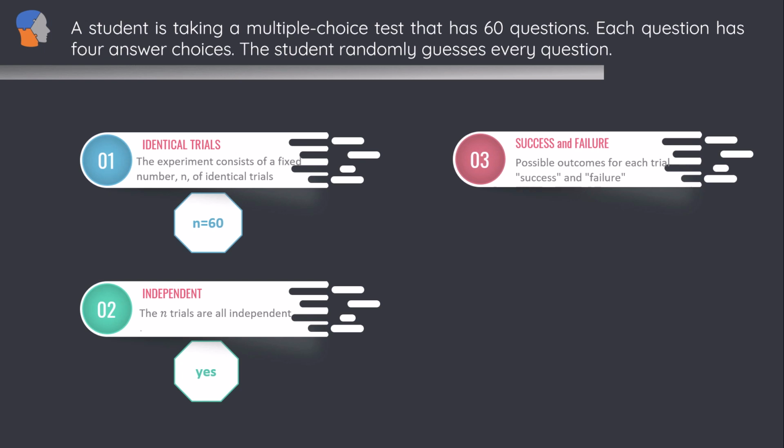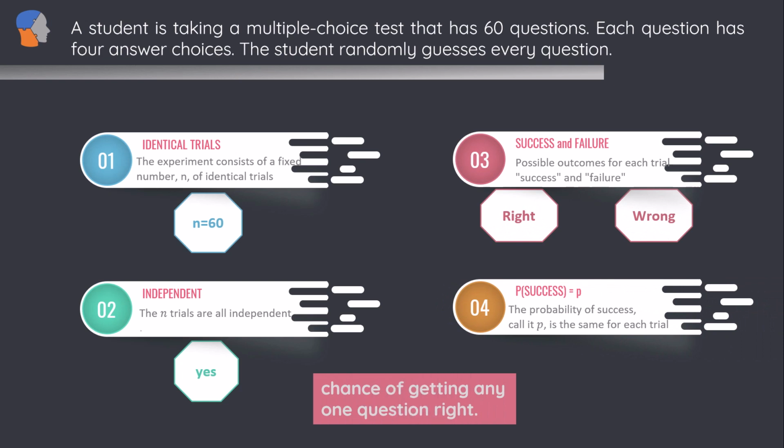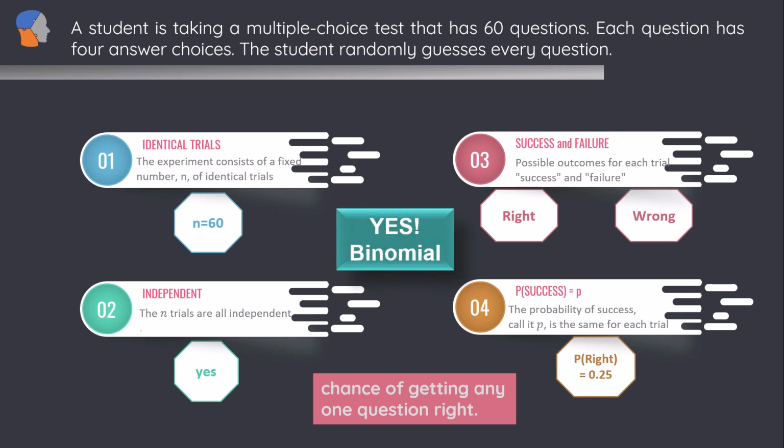Only two outcomes. What are those? Right or wrong. Therefore, third condition is also satisfied. What is the success probability here? There are 4 answers. One is the correct one. Therefore, getting the correct answer is 1/4. That is 0.25. All 4 conditions are satisfied. Therefore, this is also a binomial experiment.